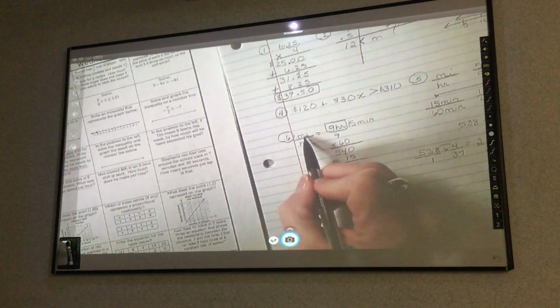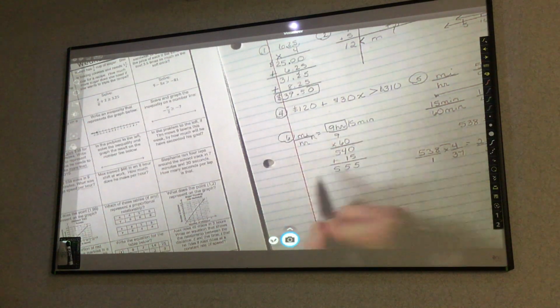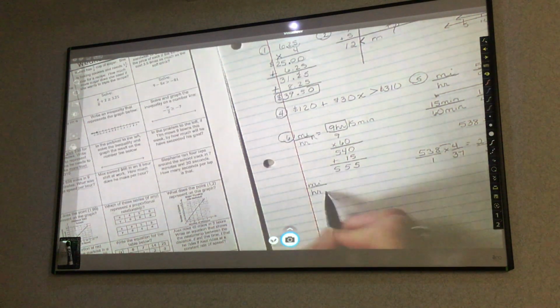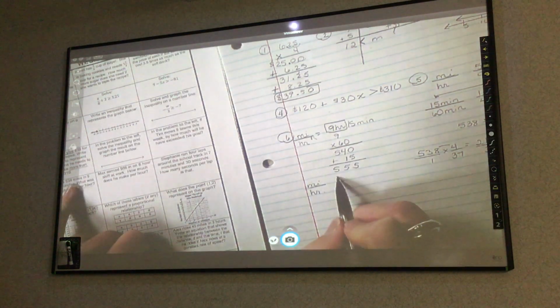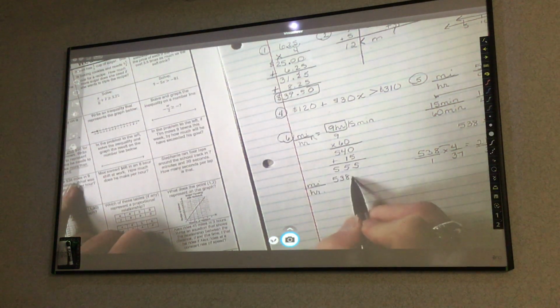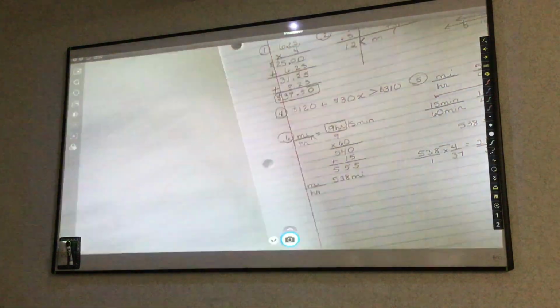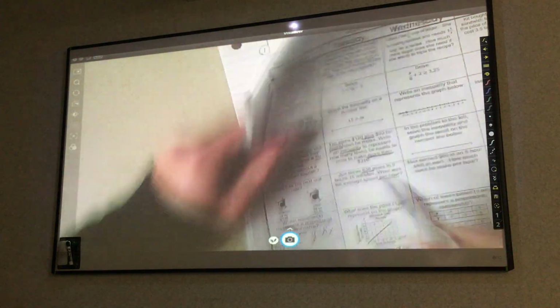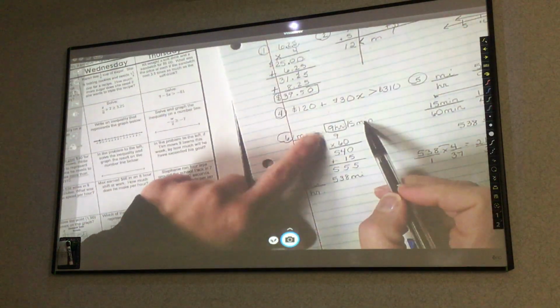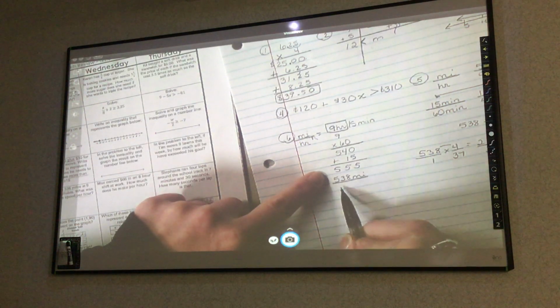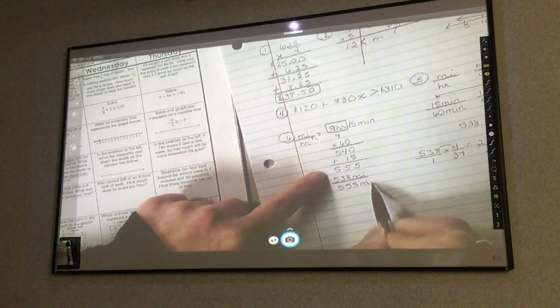Now I'm going to go back into this. It's miles per hour, and the miles he drove was 538 miles. Just keep getting that from right here. I changed my 9 hours and 15 minutes to 555 minutes.